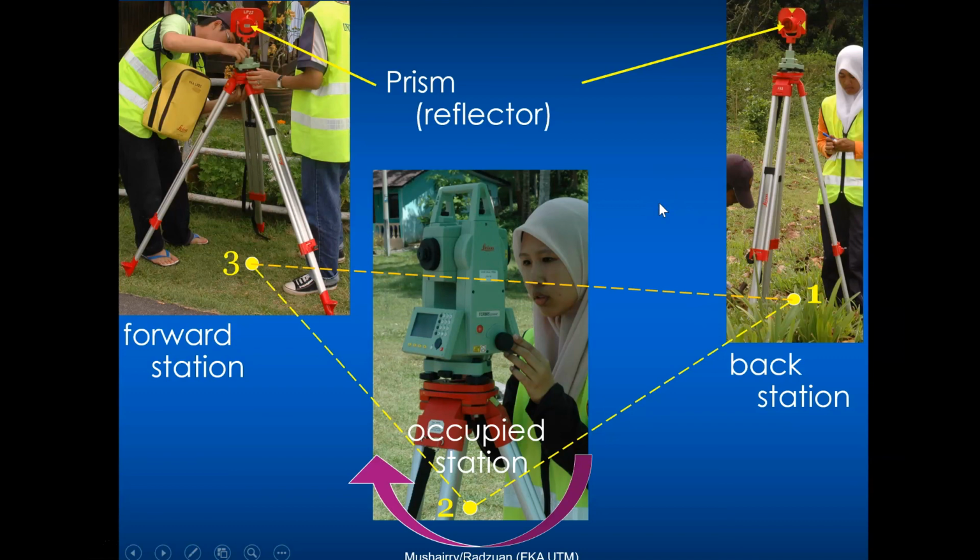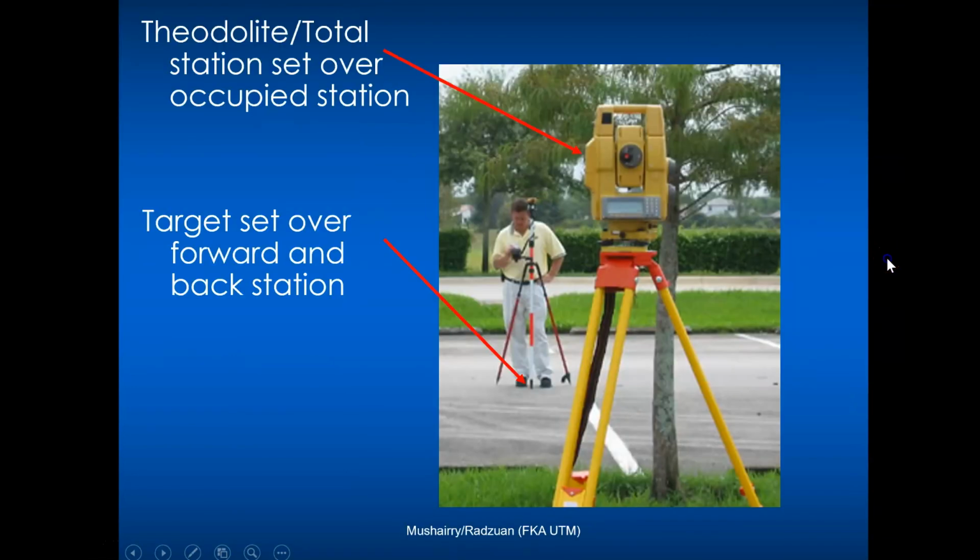That means that we will obtain the angle at 2 between 1 and 3. So that's basically the operation required at each station to measure the angle from your back station to your forward station.